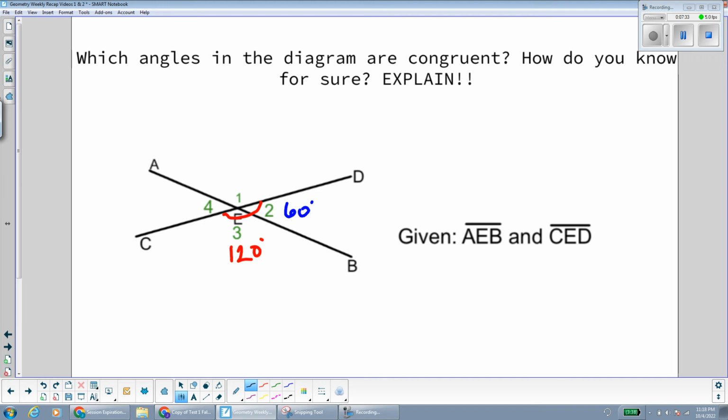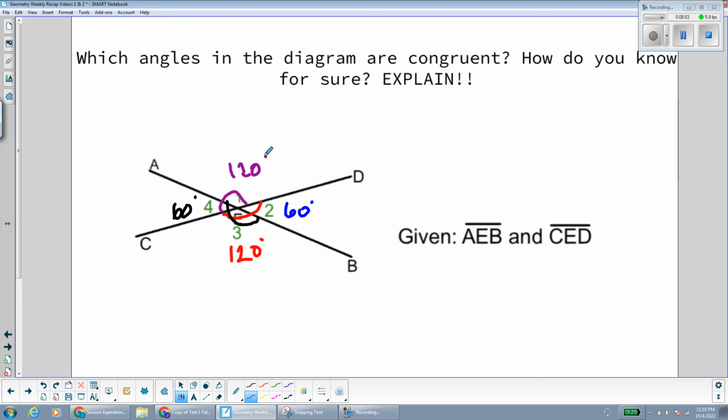You might also be thinking that angle 4 would need to be 60 because angle 3 and angle 4 together form a linear pair. So together they need to make 180 degrees. And finally, angle 4 and angle 1 form a linear pair. So together they need to make 180 degrees, leaving angle 1 with no choice but to be 120 degrees.